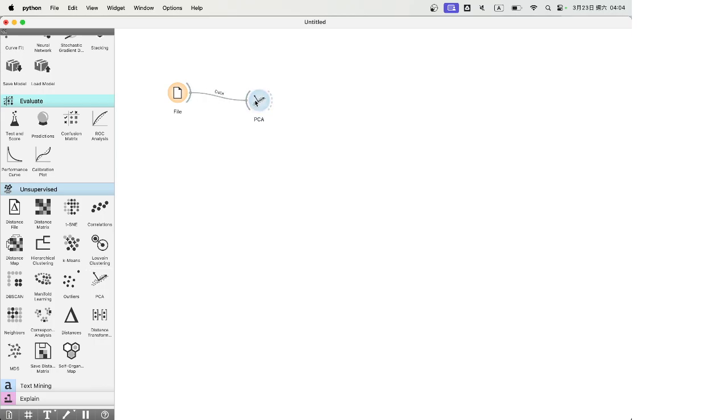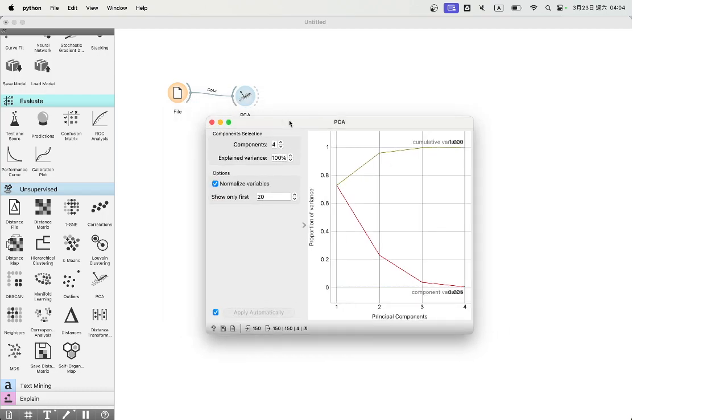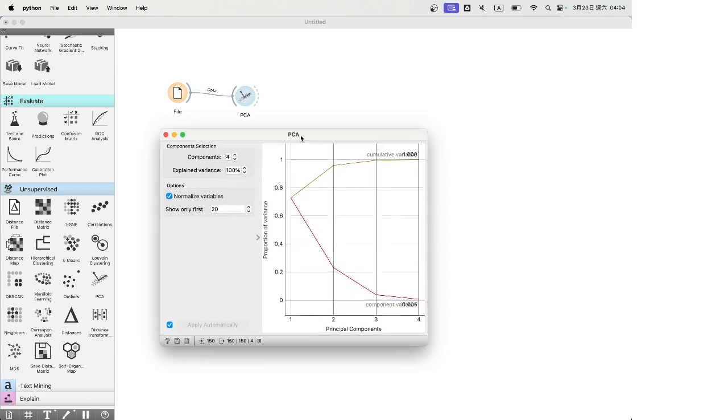You simply connect it to the PCA. In the configuration of PCA, you can see the number of components we would like to use. At first, you can simply use the entire dimension.